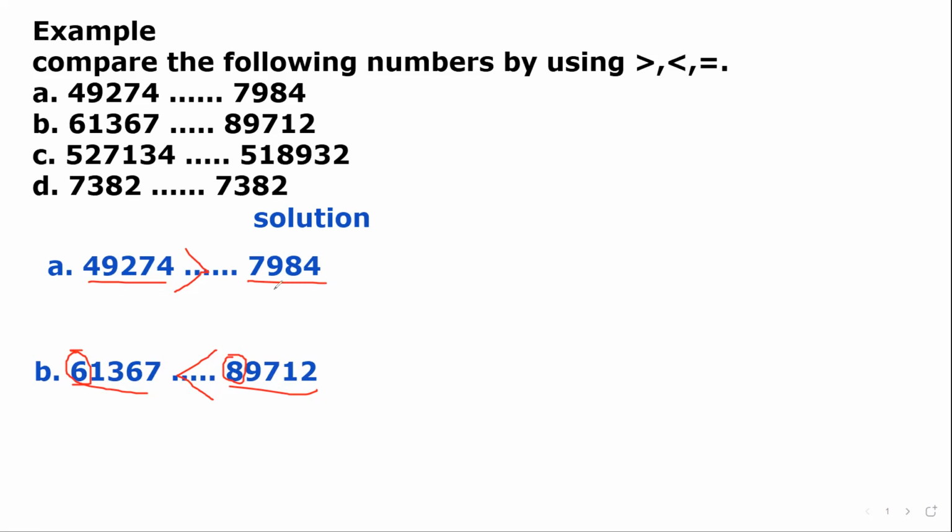Because after the comparisons, you can draw your conclusion that 89712 is greater than 61367, or 61367 is less than 89712. Okay, good. Let's solve the other one. The C.